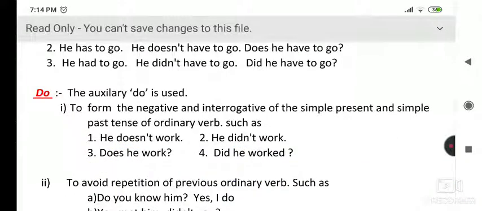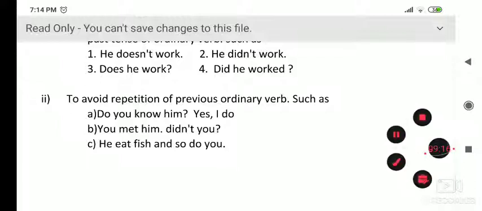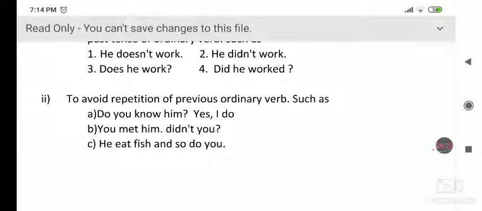Okay, next, the auxiliary is used to avoid repetition of ordinary verbs, such as while making yes and no type questions. Here is the first example: do you know him?